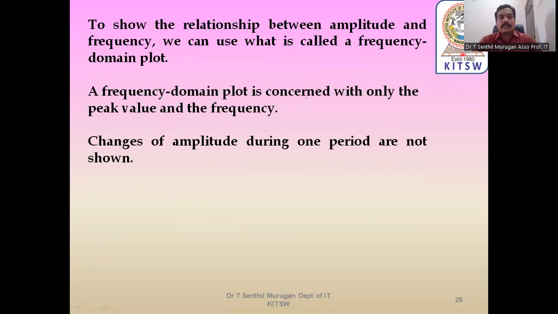How can we draw the frequency domain plot? A frequency domain plot is concerned only with the peak value and the frequency. What is the peak value? For example, 5 volts. What is the frequency? How many cycles are completed in 1 second? For example, if 5 cycles are completed, the frequency is 5 hertz.